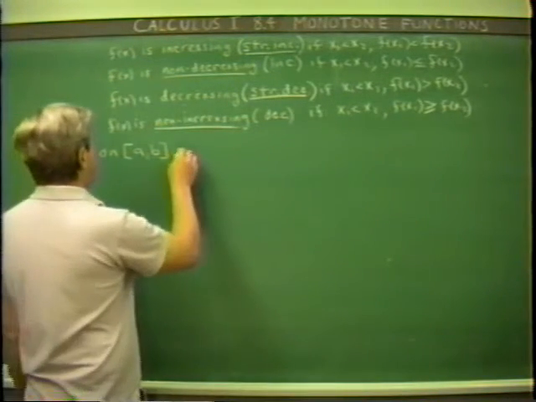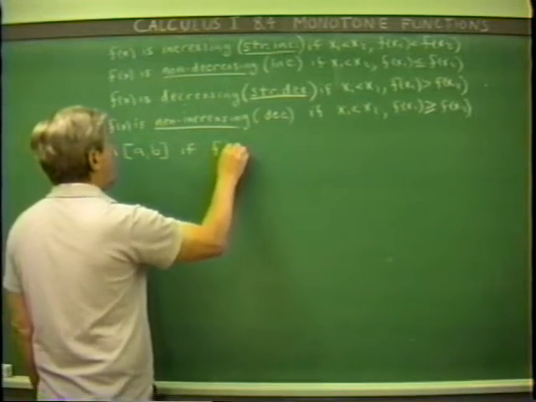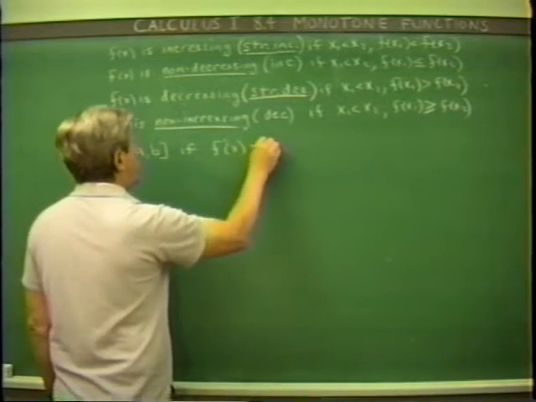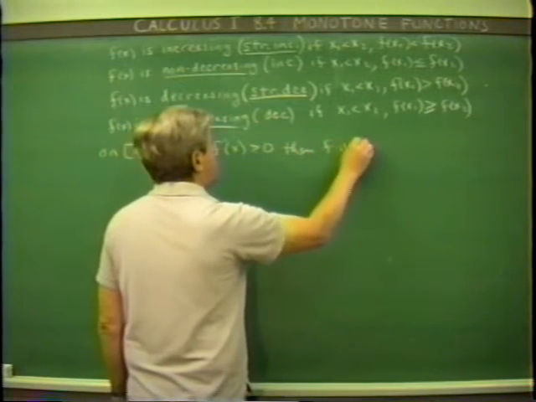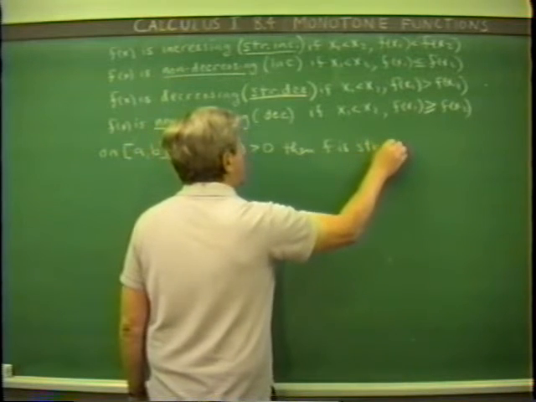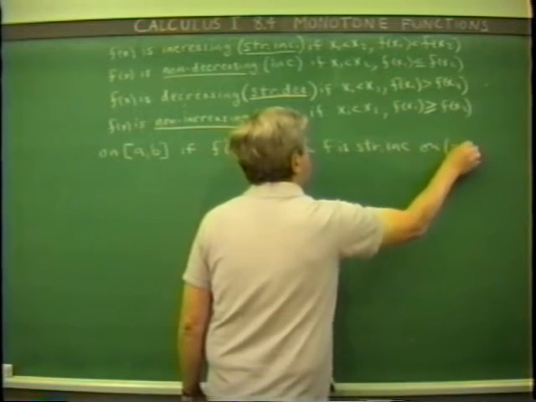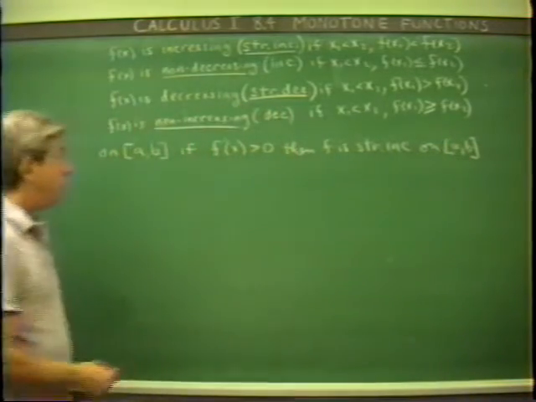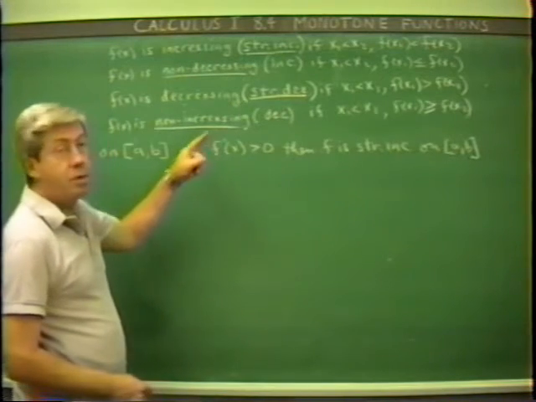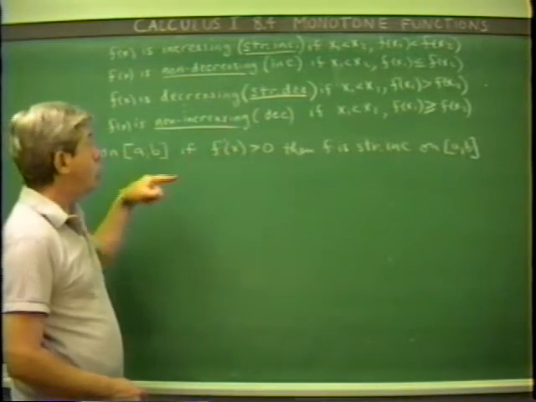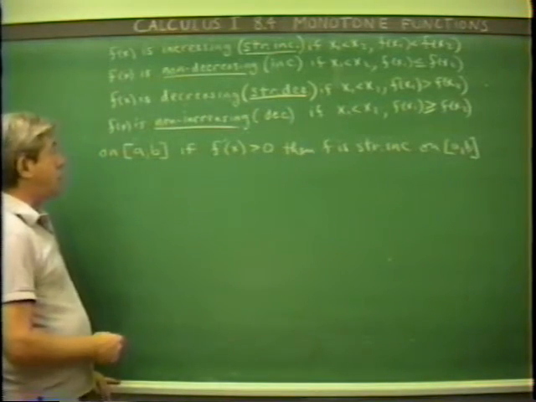And now what happens is, if on an open interval (a,b) the derivative of f is greater than 0, then f is strictly increasing on that interval. Right? This is somewhat intuitive. If the derivative is greater than 0, then the slope of the tangent line is positive, and so you expect the function to be heading upward.